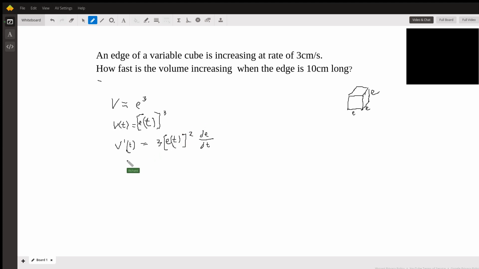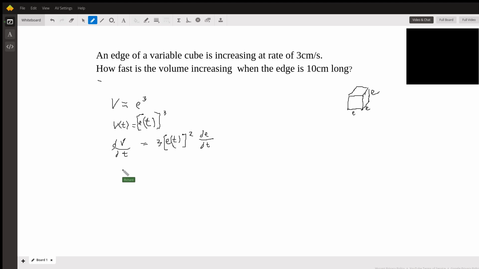So let me not mix notation here, let me just do it this way. Sorry about that. I should just stick with the same notation throughout.